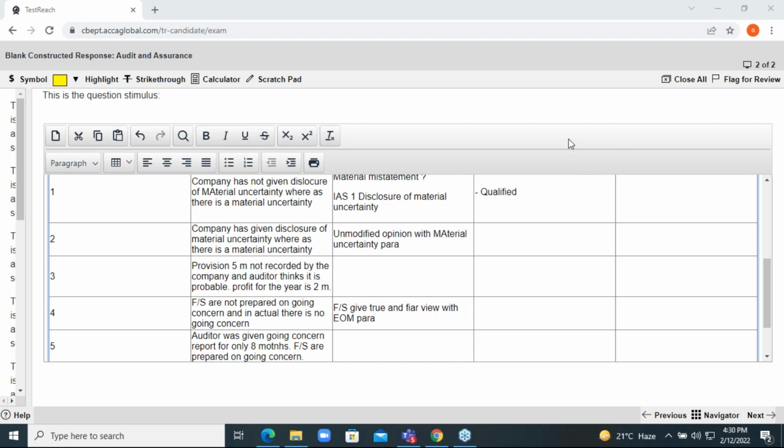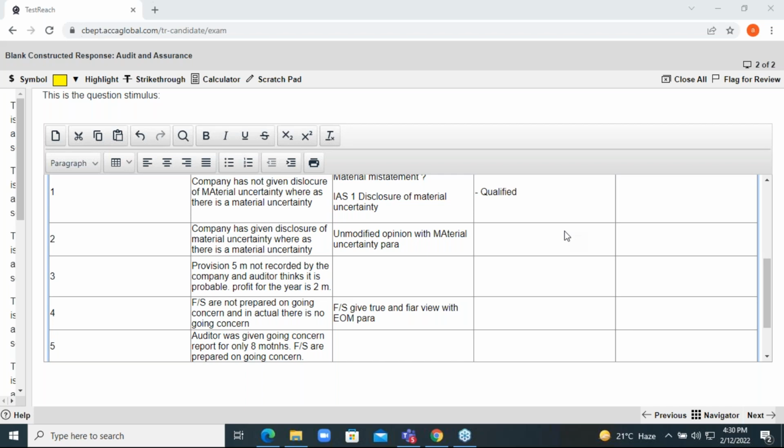Okay, so dear students, now let's read your answers. With going concern paragraph, adverse opinion since 12 months are required.